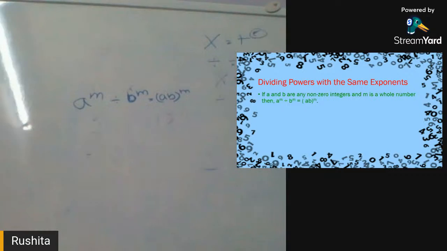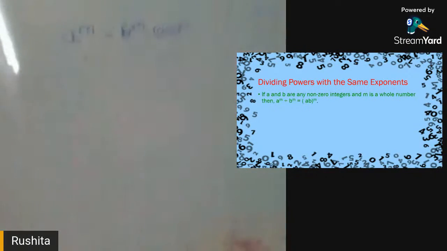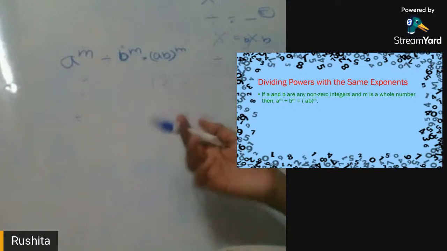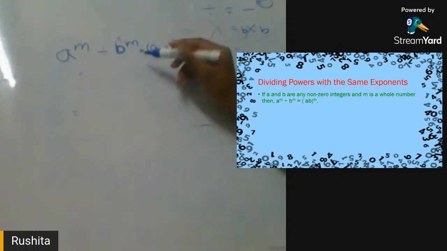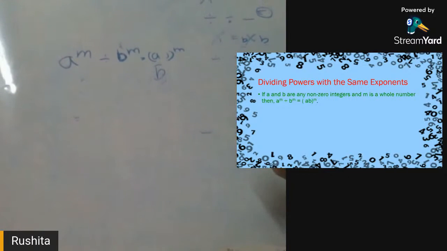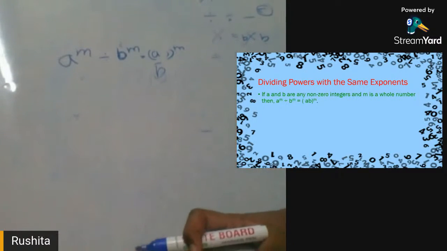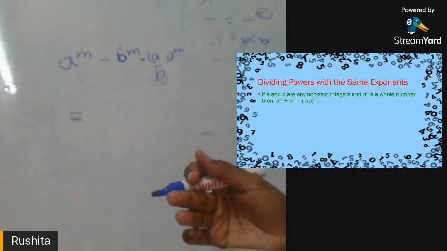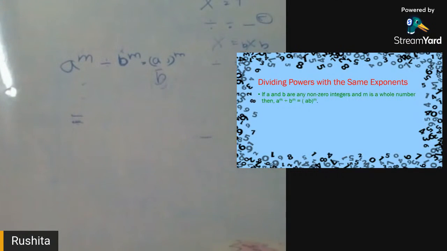In multiplication, you multiplied the bases, right? Now in division, you're going to divide the bases, and that is what you're going to do. So now let's take an example.